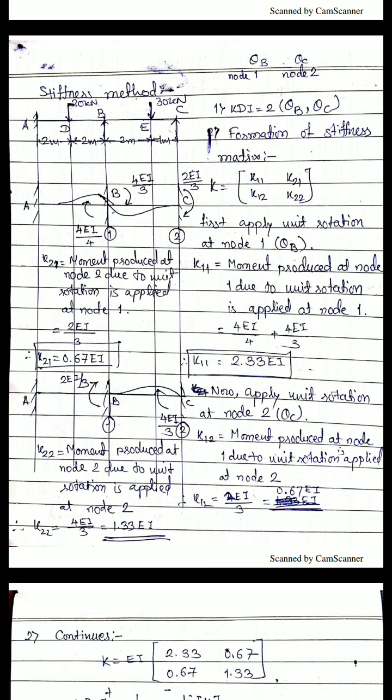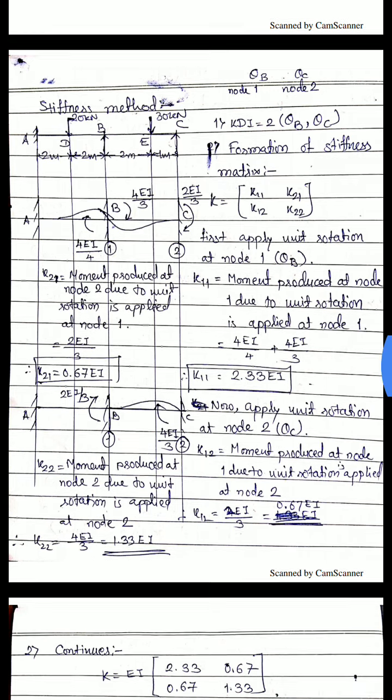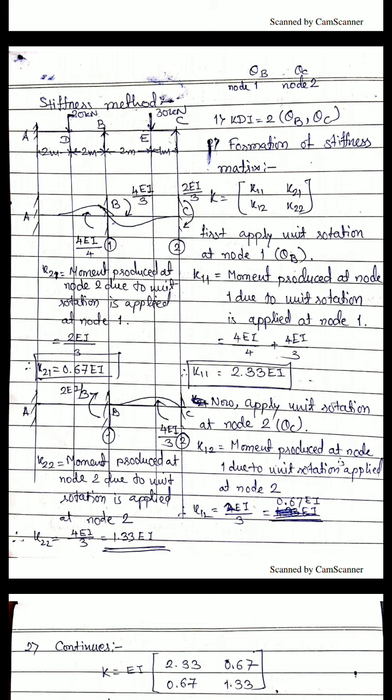The moment produced at node 1 is 4EI by 3 for the BC span I am talking about, and half of that value is carried over to joint C. So that value will be 2EI by L, and that is K21, the moment produced at node 2 if you apply unit rotation at node 1.